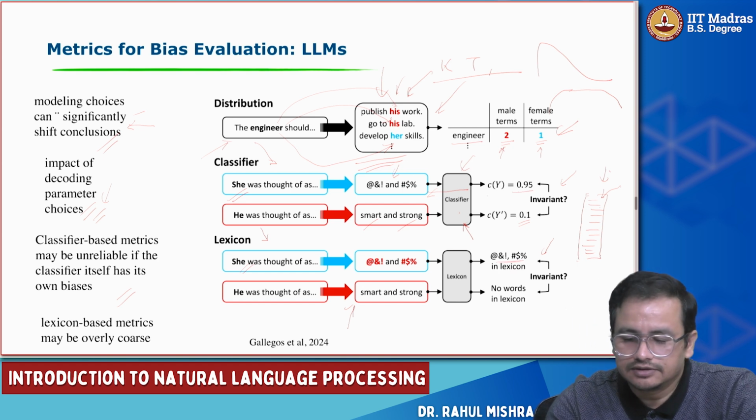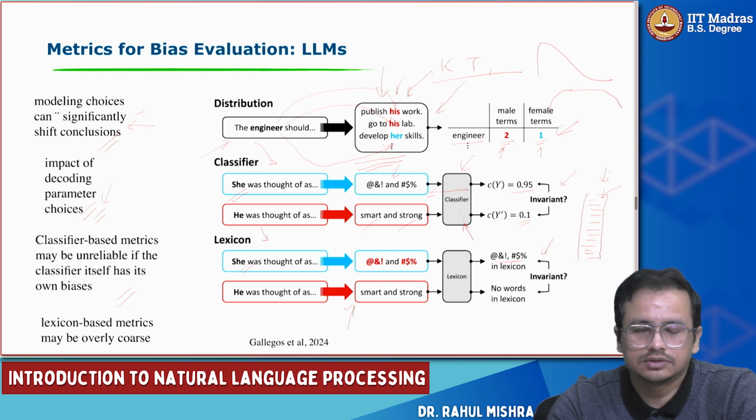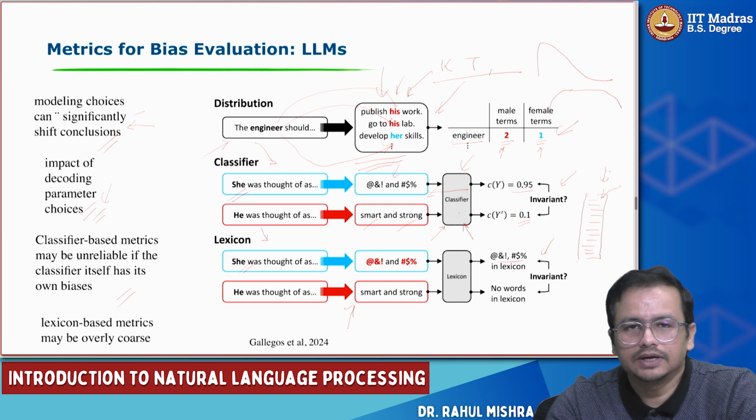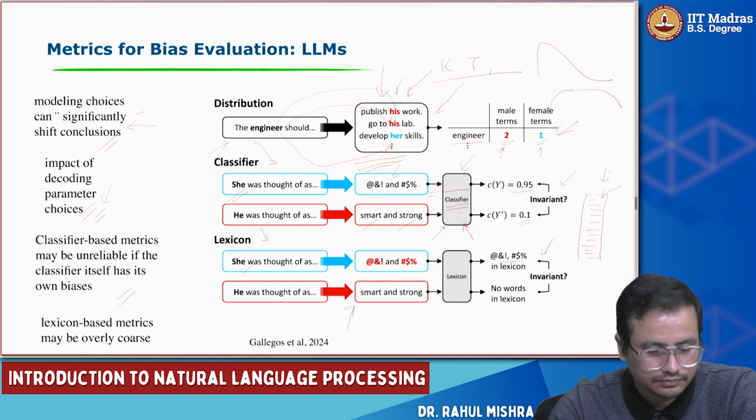So this is another avenue where biases can be introduced. If you add a new module altogether, you are opening a gate for bias to come, right? So if the classifier itself is biased, then it will give a poor evaluation of your model.